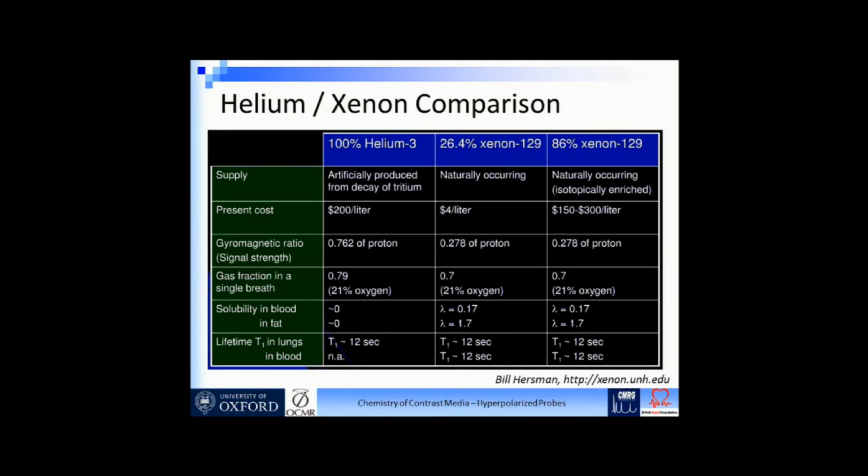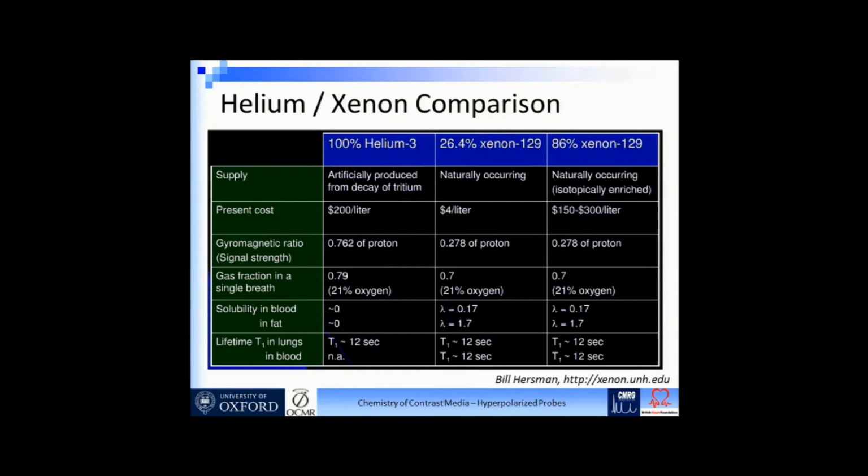The initial developments of helium-3 seem to be slowing somewhat and transferring across to xenon-129, which in its natural state is relatively cheap, but if you want to enrich it, comes up to the same sorts of costs as helium-3. It's got a slightly lower gyromagnetic ratio than helium, and therefore the signal level is a little bit reduced.